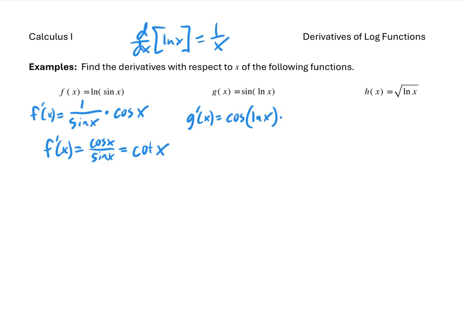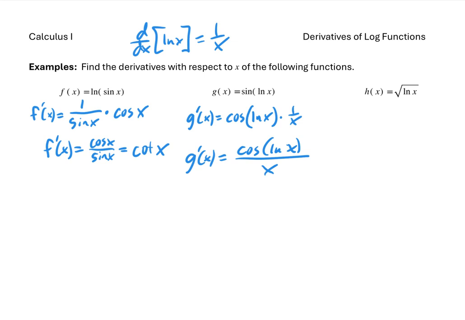And then we need to multiply by the derivative of the inside function. And the derivative of the natural log of x is 1 over x. Hence, g prime of x is precisely the cosine of the natural log of x all over x.